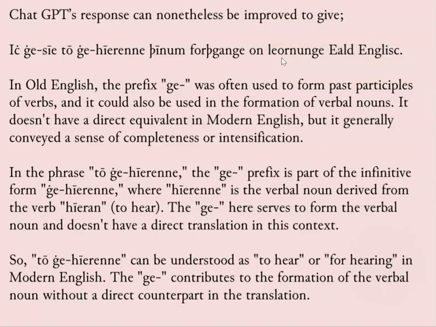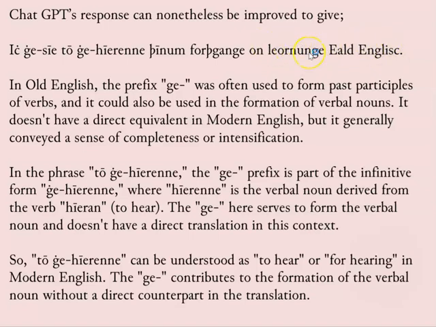In the dative there's generally a sense of stationariness: there's no motion, it's just a position. But if there's a sense of movement, then the preposition can take the accusative, and the accusative shows that sense of movement. So if lērunge, eld English, all three words are in the accusative, that's okay, because that implies some sort of progress in the learning of Old English, some sense of motion. So the preposition here can take as its object the accusative.